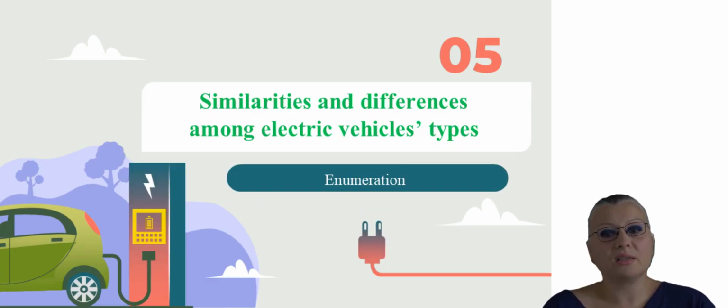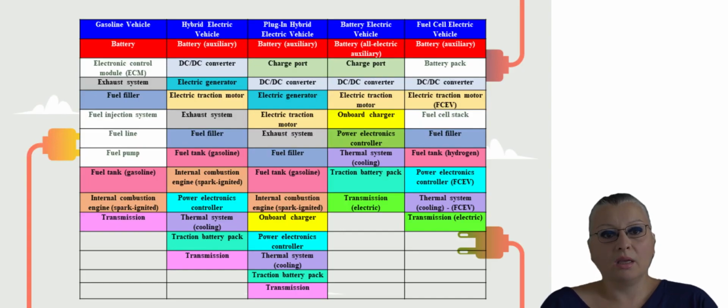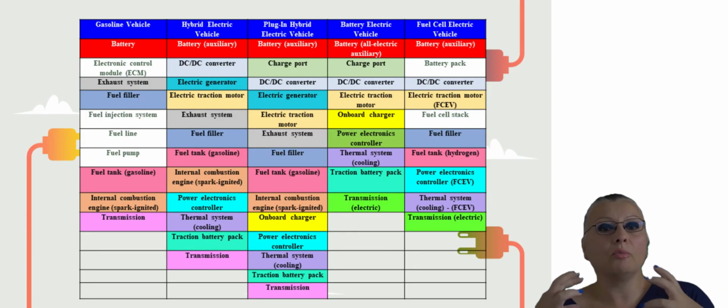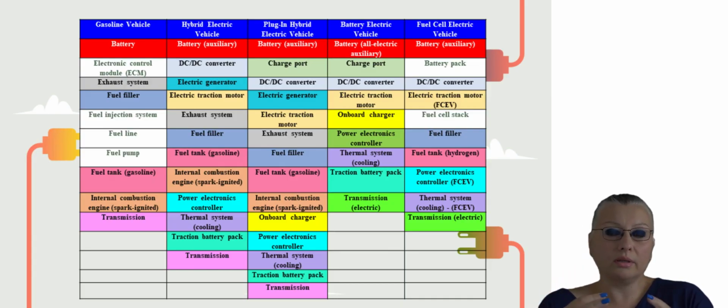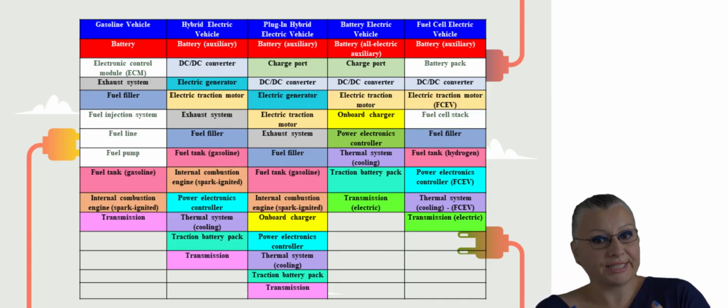Similarities and differences among electric vehicle types. I structured the key components of all the electric cars presented in this module, and we can see that they all have similarities and they all have differences.